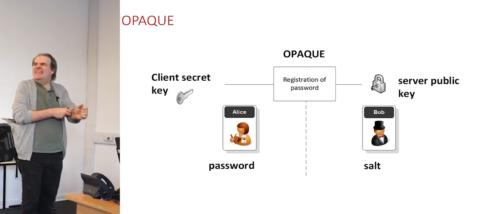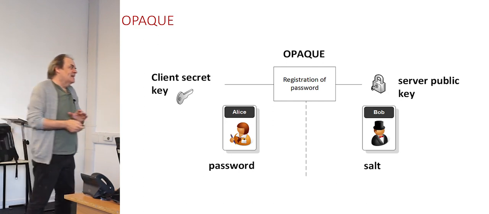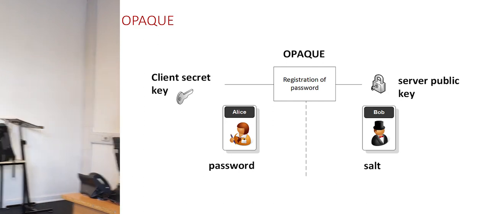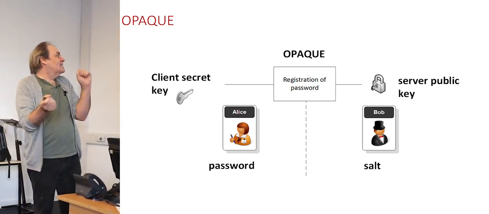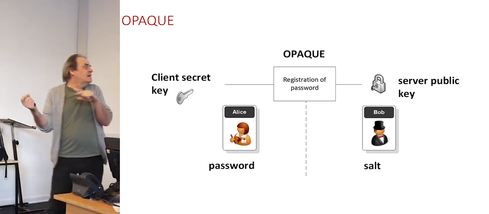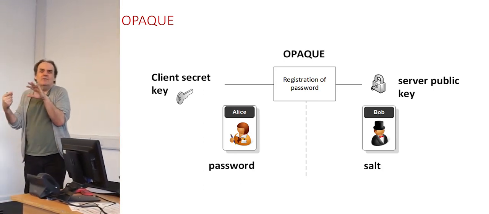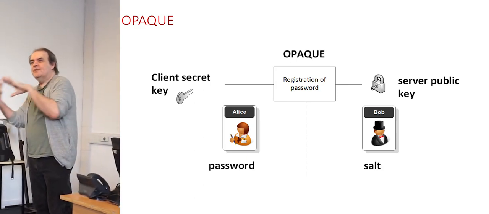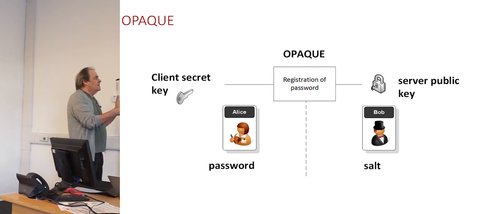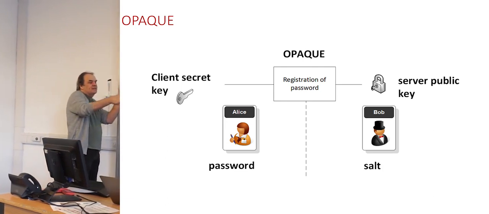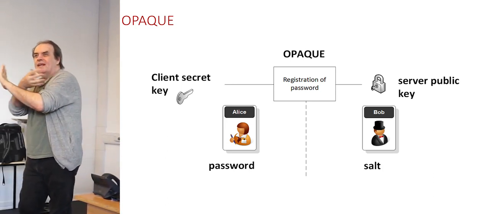And with this, it's a bit difficult to outline, but Bob has a salt and Alice has a password. And Alice can't tell the salt and Bob can't tell the password. It's done with what's called oblivious transfer protocols. I can get the salt to Alice in some way, and Alice can get the password to Bob in some way without either of them knowing what it is.